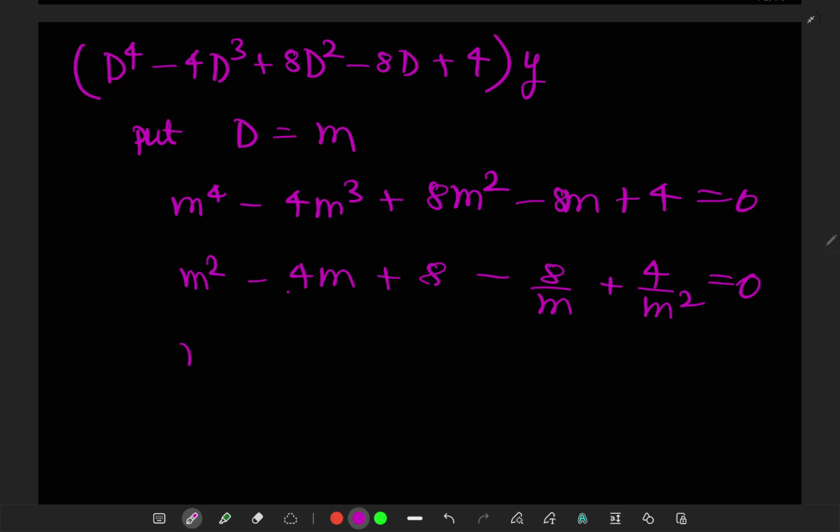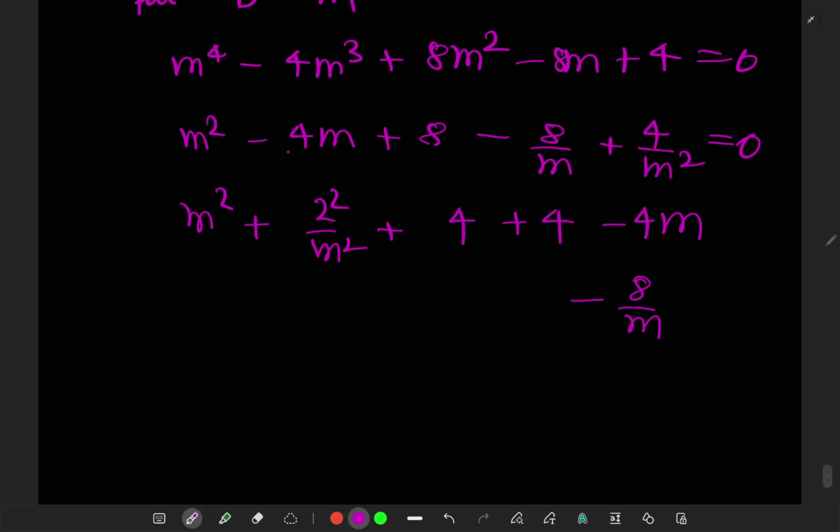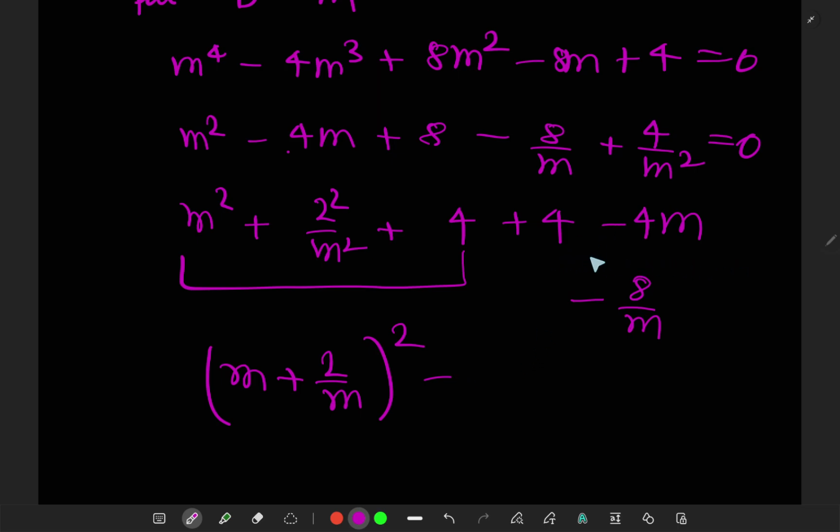Here we can write, now using this we can write m plus 2 divided by m square minus, and taking common here 4 minus 4.